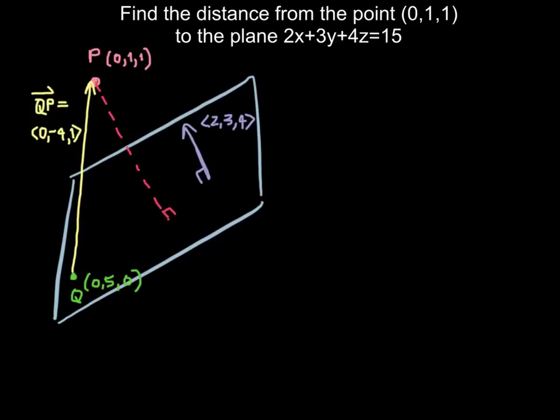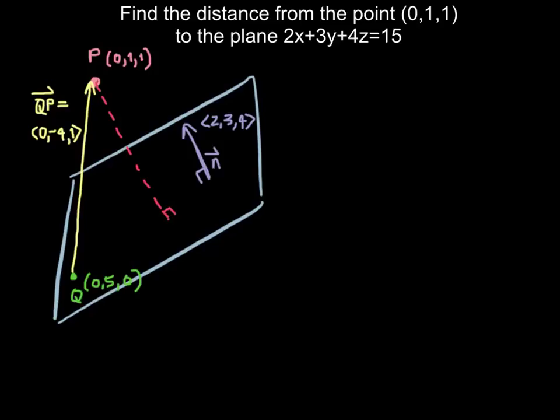And especially if projections are fresh in your mind, you can immediately see that the length of our red dotted line is in fact the component of QP in the direction of our normal vector, which I'm going to call n.